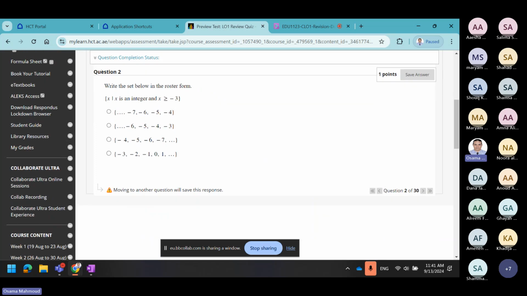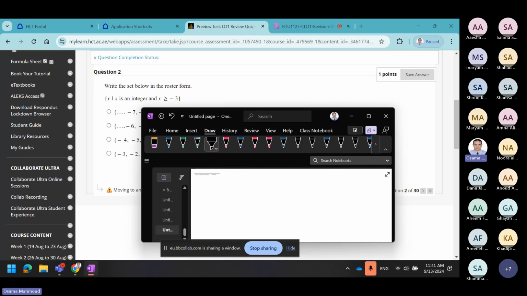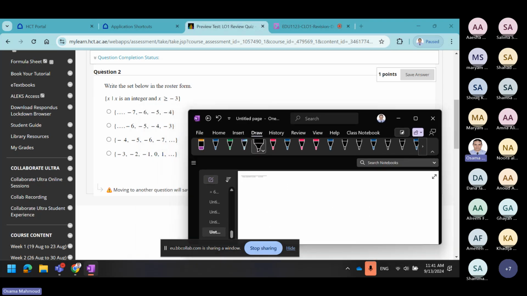Here, write the set below in roster form. Roster means you have to write the numbers inside the set, right? This is what I just said: X greater than or equal to -3. On the real line, greater than or equal to -3 should be like this.